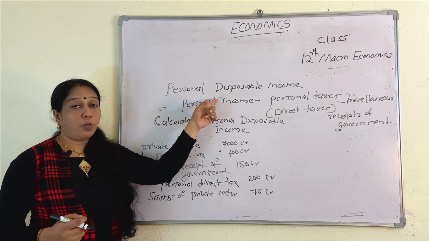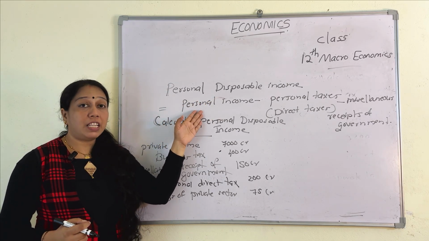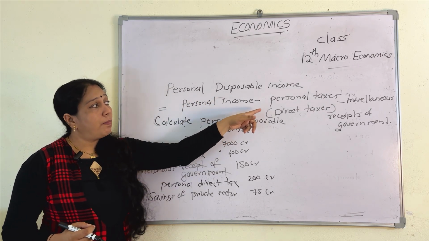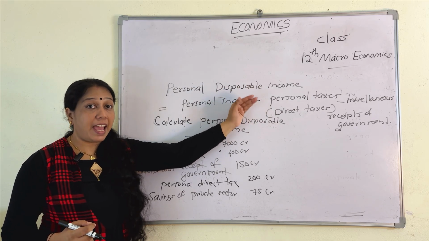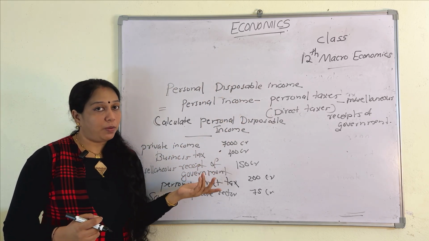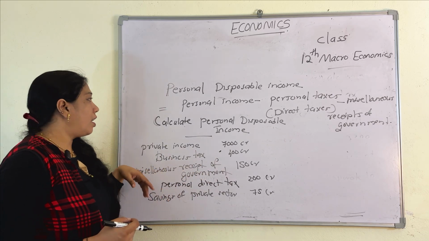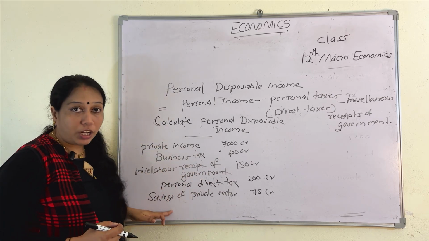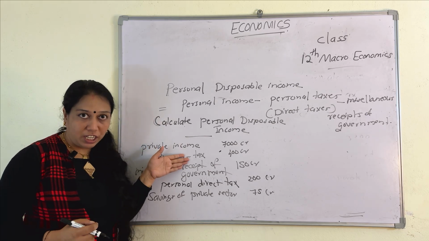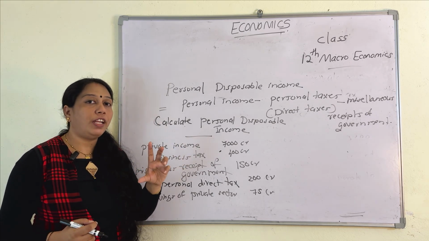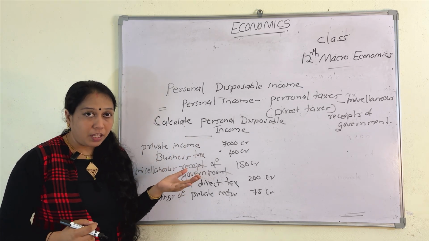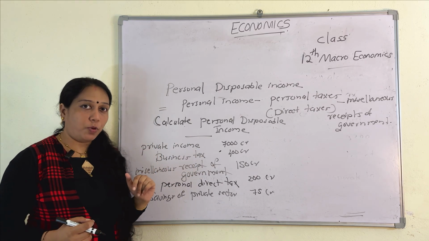That is, personal disposable income is equal to personal income minus personal taxes, that is, direct tax, minus miscellaneous receipt of the government. Here, personal income is directly not given. Instead of that, they have given private income. So, first of all, you have to find out the personal income. Then you can find out the personal disposable income.